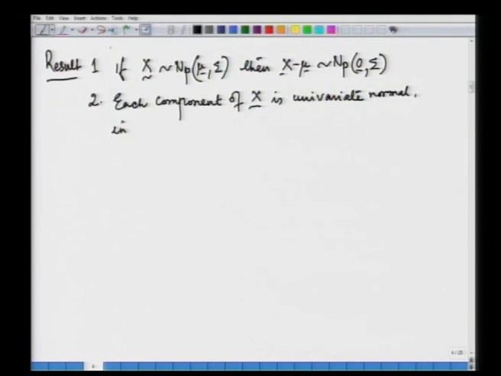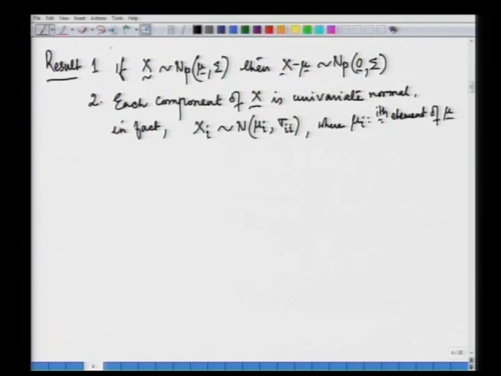In fact, I can say that xi is going to follow univariate normal with mean mu i and variance sigma ii, where of course mu i is nothing but the ith element of the mean vector mu, and sigma ii is the ith diagonal element of sigma.